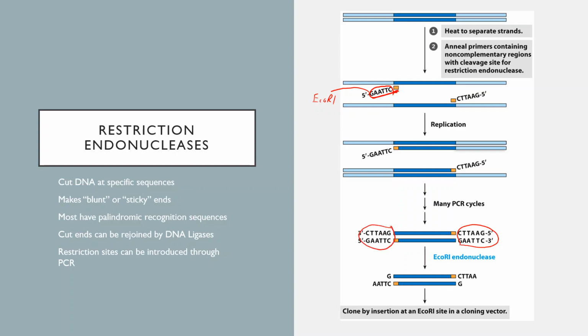Then after cutting this sequence with EcoR1, you're left with these sticky ends. Those then can be recognition sites for inserting this sequence that you just copied into a cloning vector. So even when your target DNA doesn't have naturally occurring restriction sites for the restriction enzyme you want to use, you can add them in.